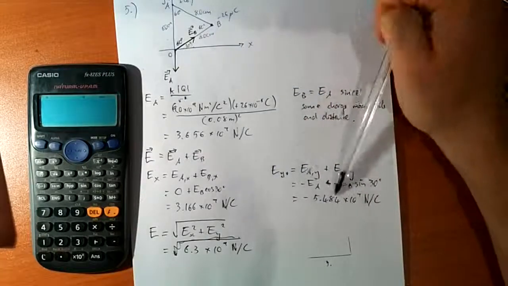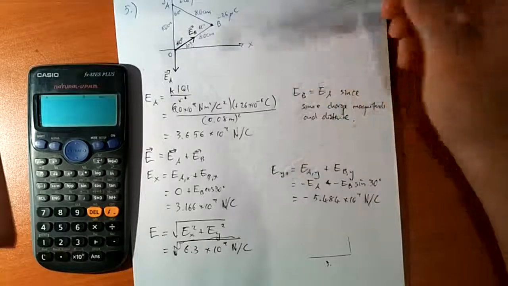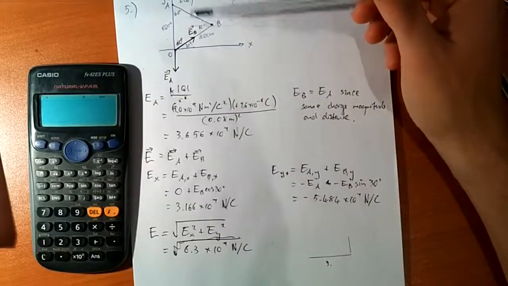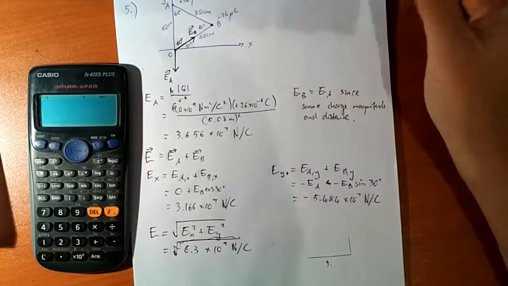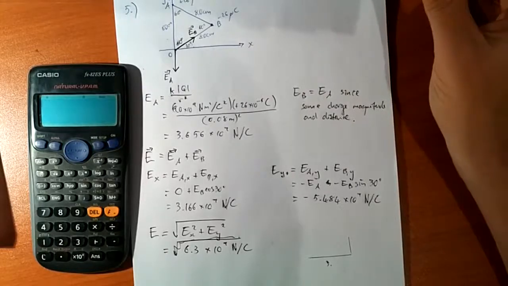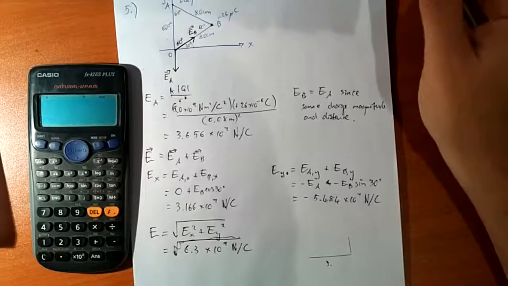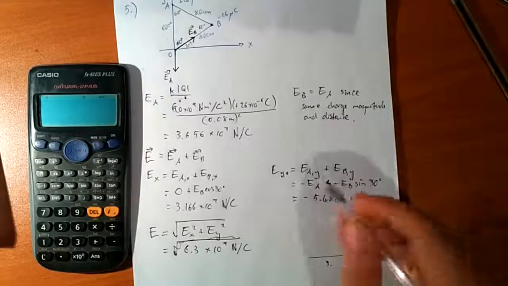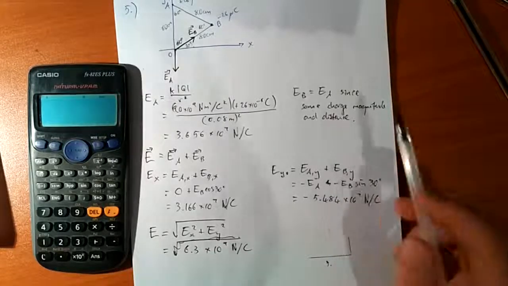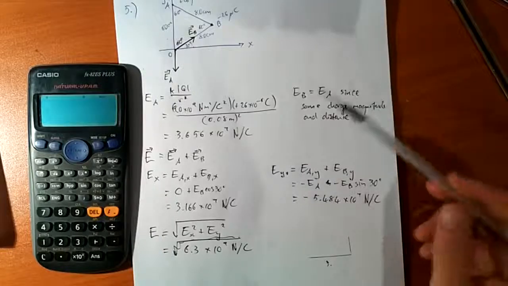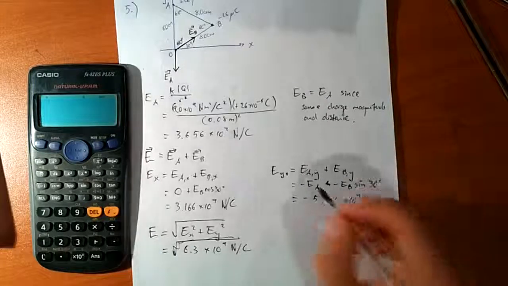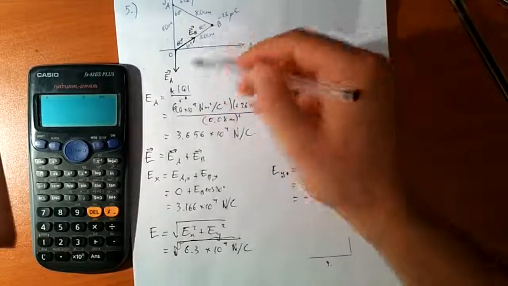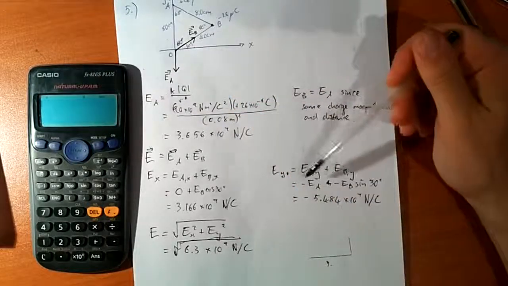Does that make sense? No, it doesn't. I thought something was wrong here. Just looking at that, if you add these two, why on earth would the y component be larger?